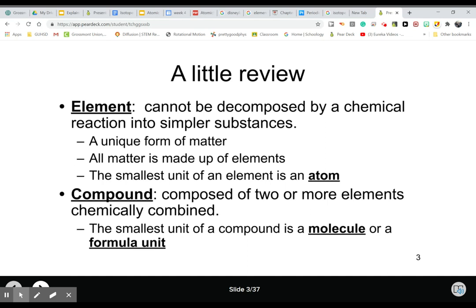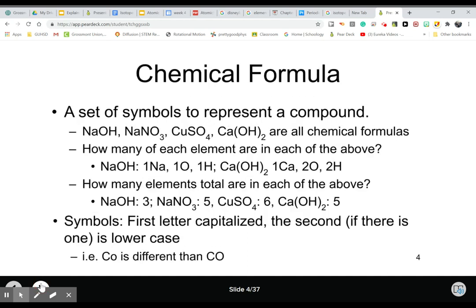Now, compounds are composed of two or more elements that are chemically combined. You're going to write a chemical compound as a formula, and the smallest unit of a compound is going to be either a molecule or a formula unit.